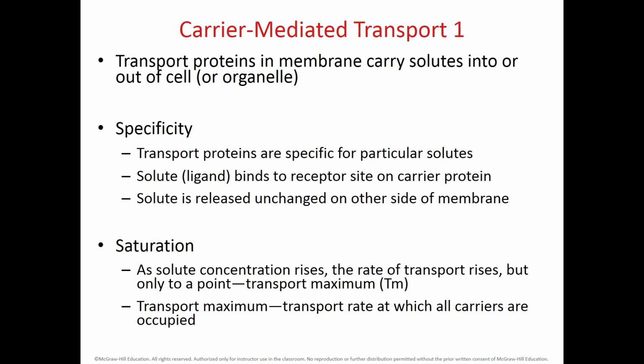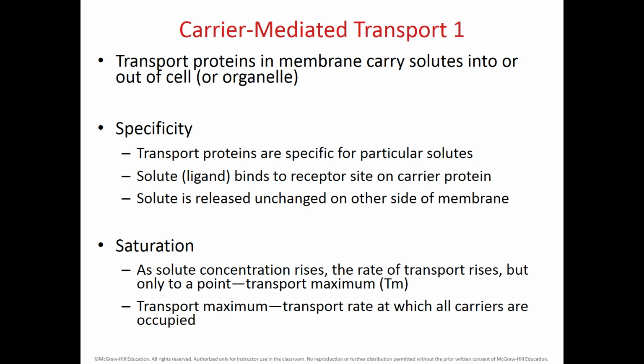And if you have more solutes that you can carry into the cells or out of the cells, or into the organelles or outside of the organelles, you have to wait until these proteins empty, so they can carry more solutes. Now, the substances that move across the plasma membrane are not permeable to this plasma membrane, so that's why you have to use a carrier.